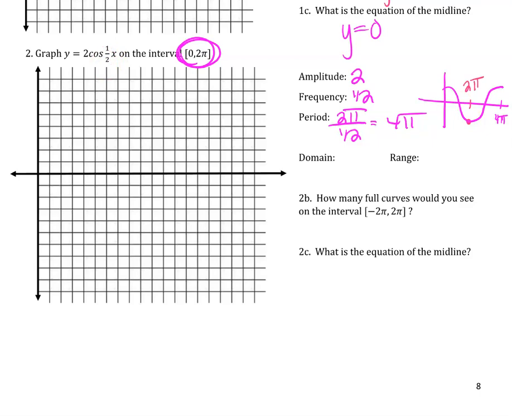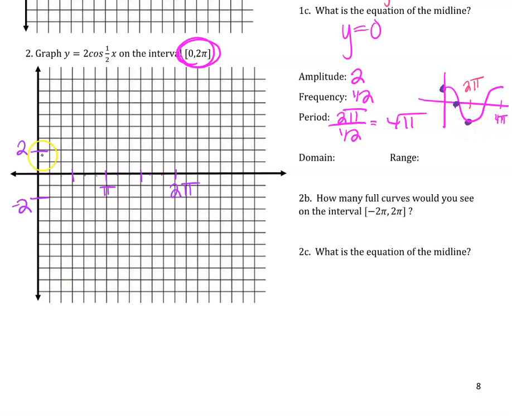Okay, let's set up our axes. Amplitude is 2. Looking at this little sketch I did off to the right, you're only going to see the beginning and the minimum, which is your halfway point, and then halfway in between that.